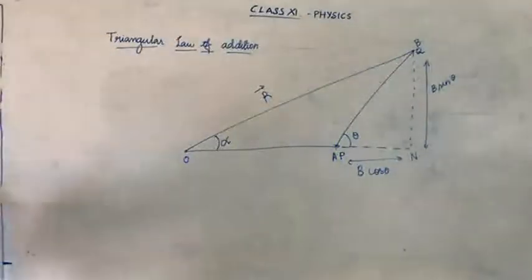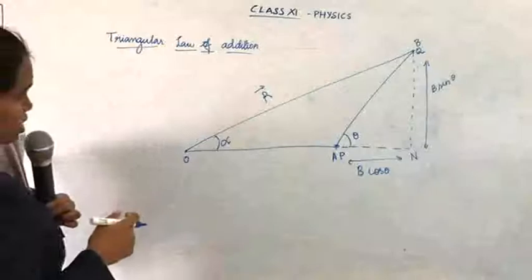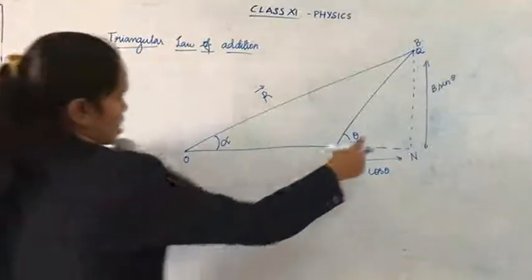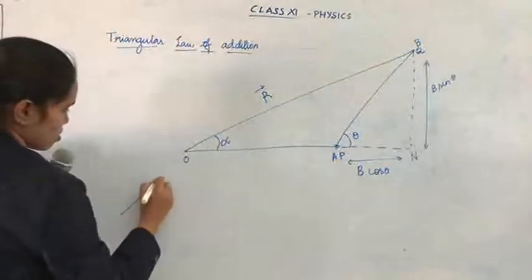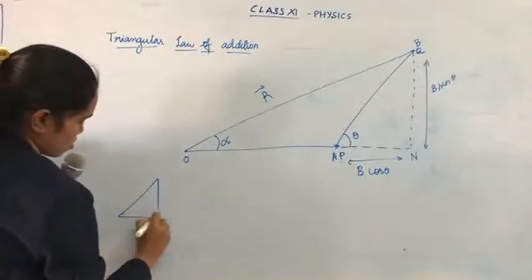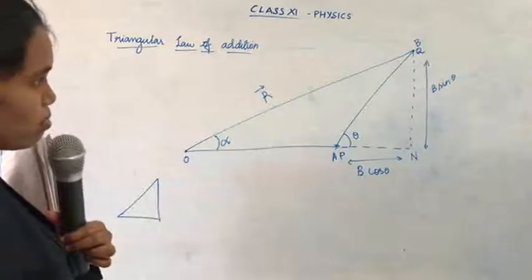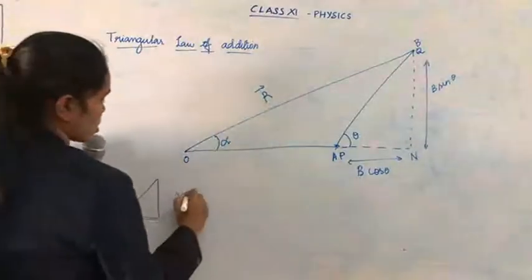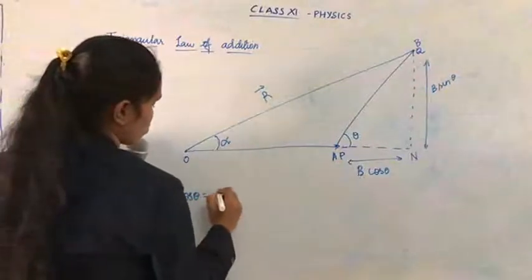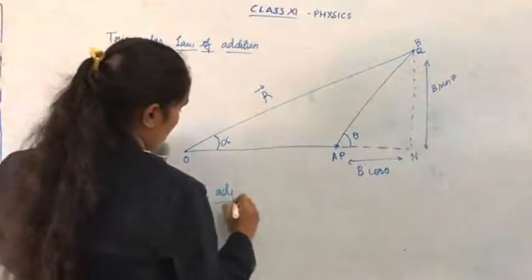Now take the triangle BAN, for finding cos theta. Cos theta equal to adjacent side by hypotenuse.